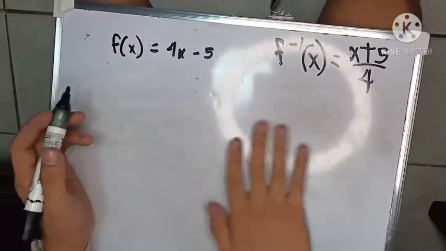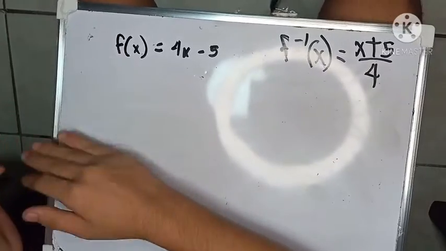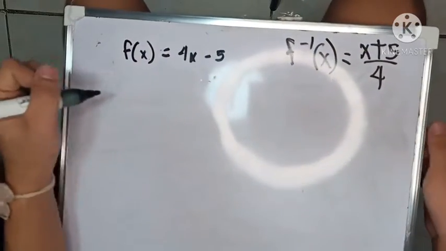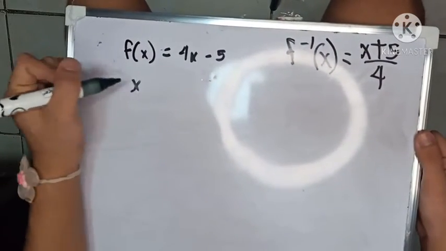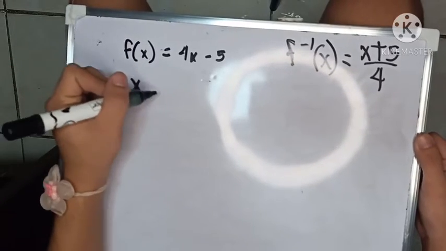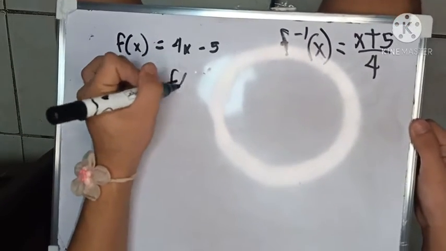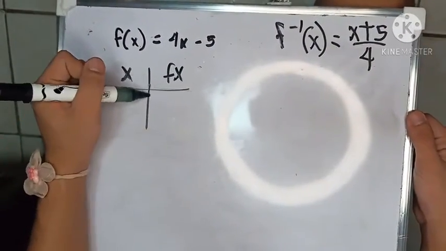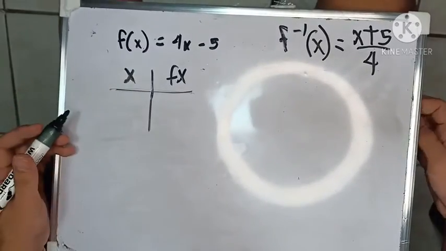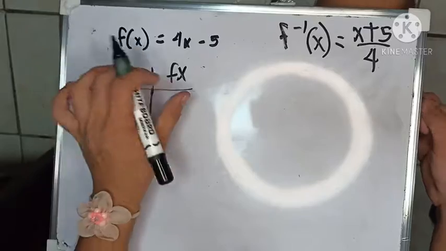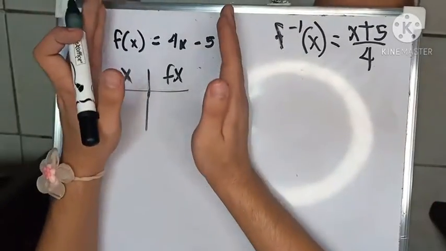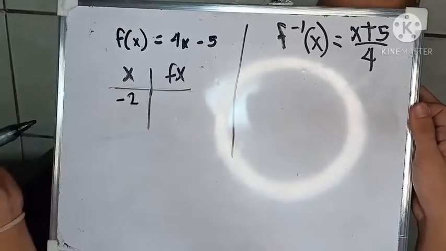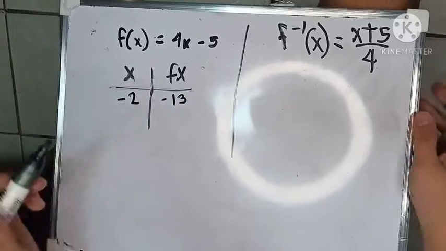After that, we're going to make some graphing tables of the inverse function. So let's make an example with x and f(x). Let's say negative 2 and negative 13.